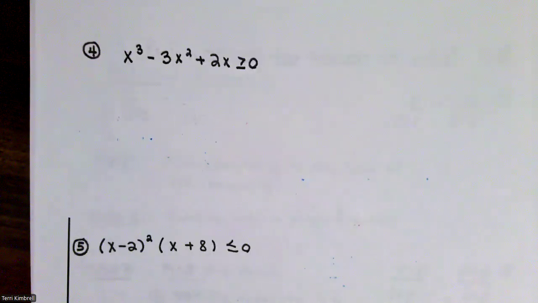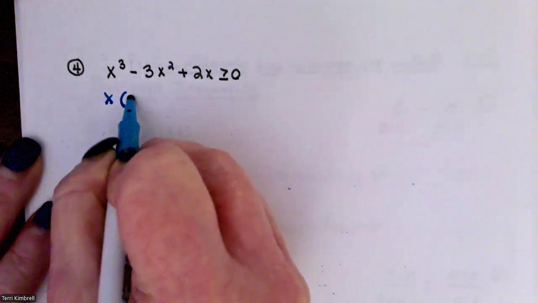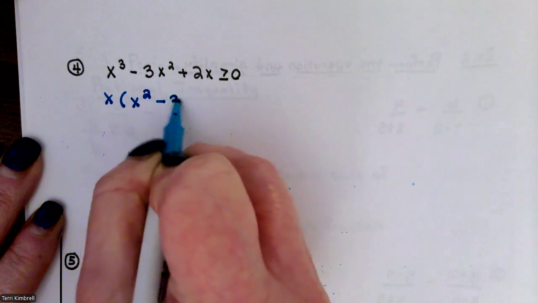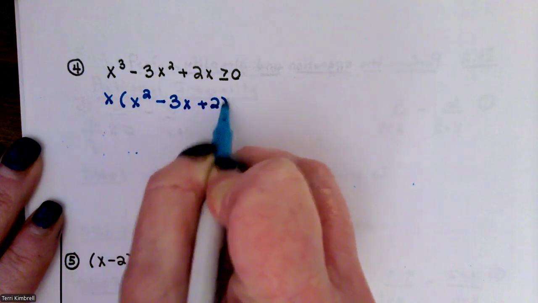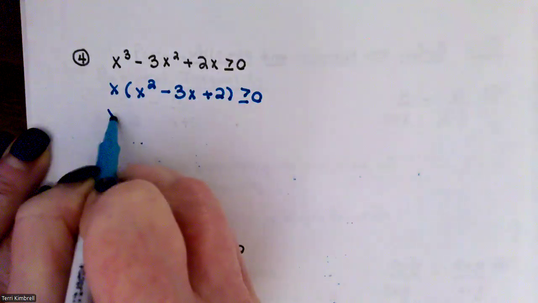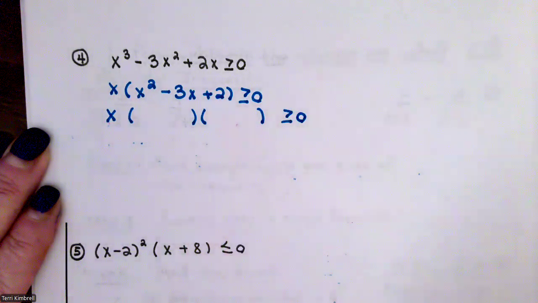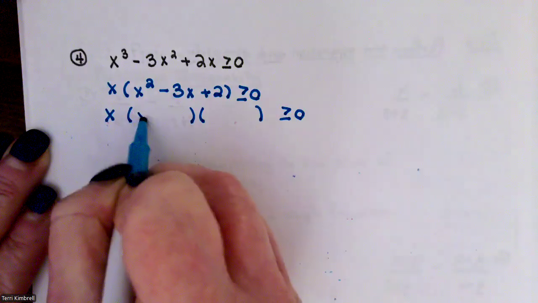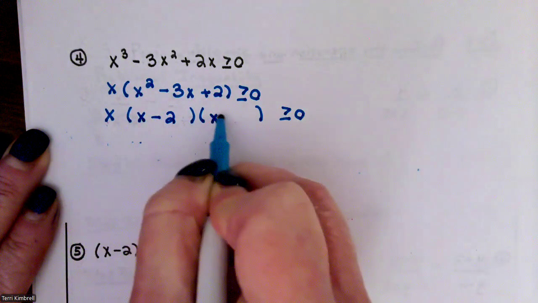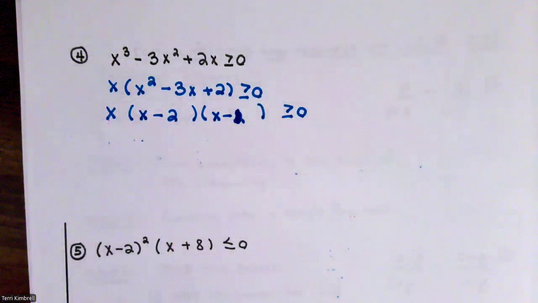So in question number 4, we want to go ahead and factor it. So I'm going to take out a GCF of an x, and that's going to leave me with x squared minus 3x plus 2. I'm going to bring down the GCF of an x, multiply to get 2, and add to get negative 3 is going to be negative 2 and negative 1.